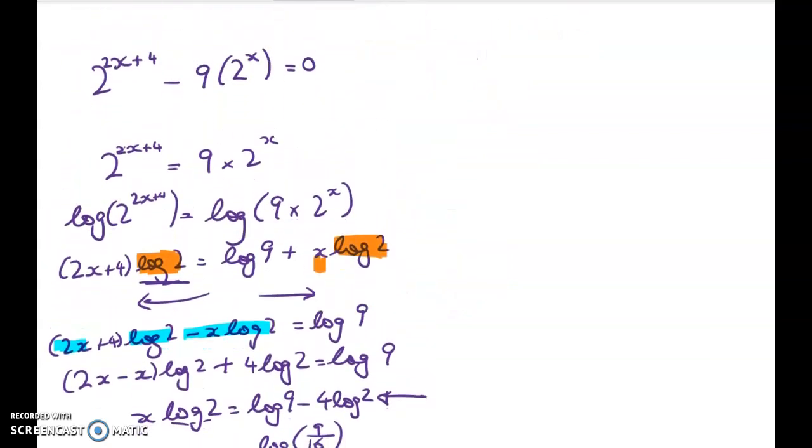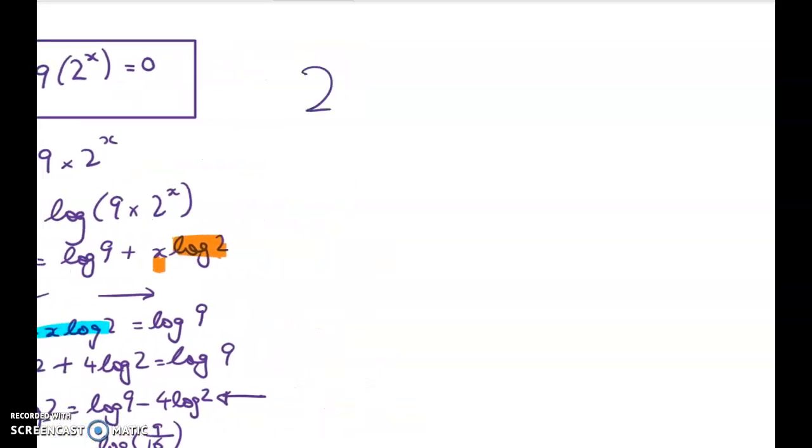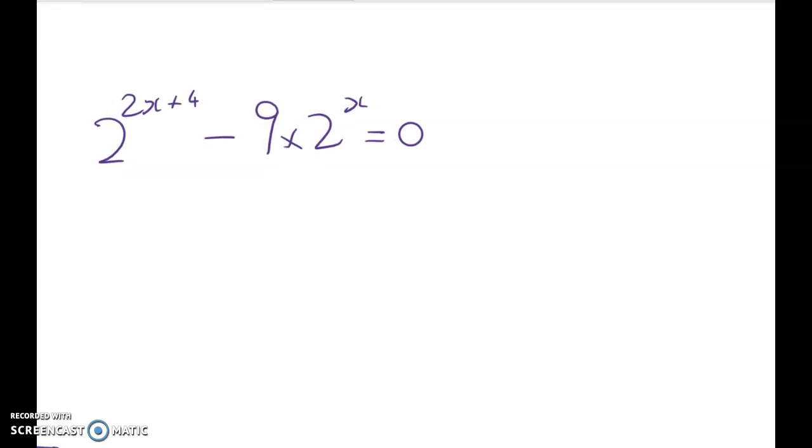But the other way that you can do it is to do something like what we did in the first question, and do a disguised quadratic. So if you're not seeing what to do, a good strategy is to try and figure out if it's a quadratic. So let's go back up to here. We've got 2 to the 2x plus 4 minus 9 times 2 to the x is equal to 0.